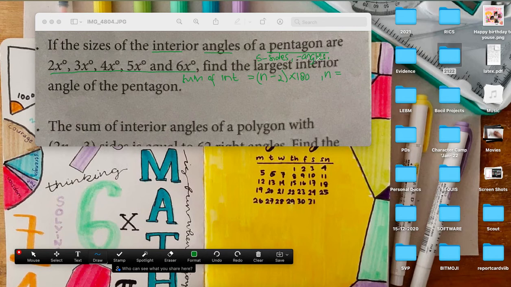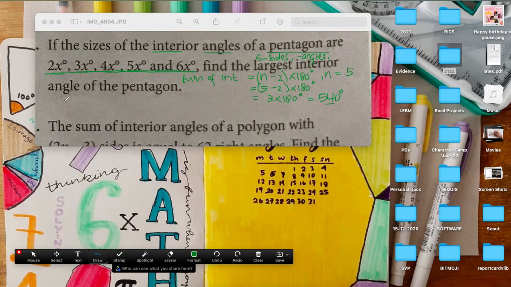You know, there are 5, so n equals 5. So then the sum of the interior angles in a pentagon has to be 5 minus 2 times 180 degrees, and that will equal 3 times 180 degrees. That is 540 degrees. So then the sum of this has to be 540 degrees.